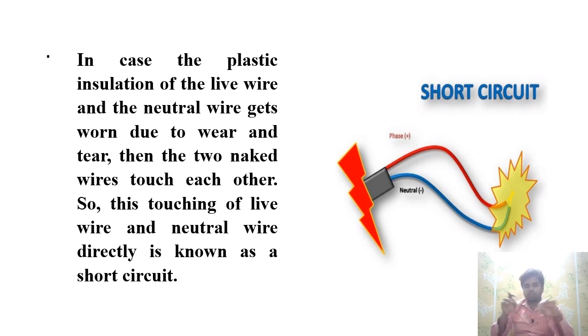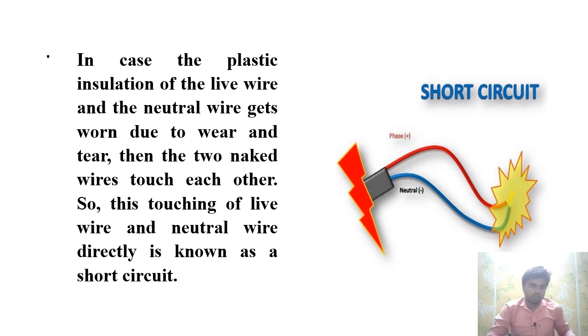Suppose there are two different wires, and both are insulated, but by wear and tear, by natural means, their outer covering is removed and they are joined to each other. This is known as short circuiting, and in this condition a large amount of heat is released.